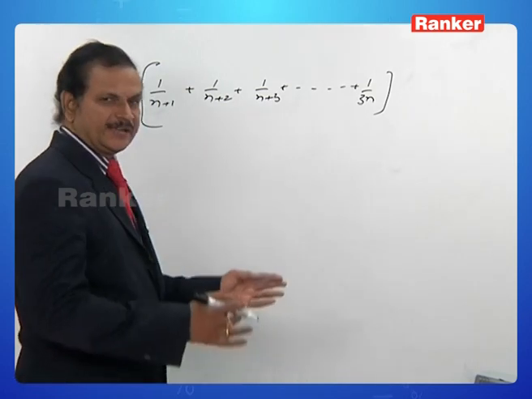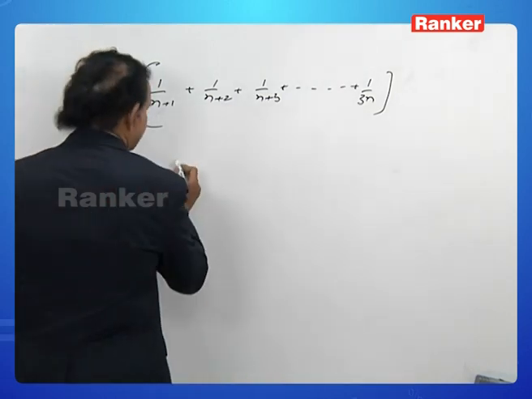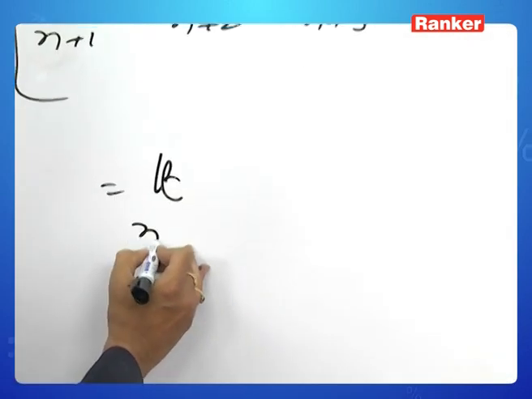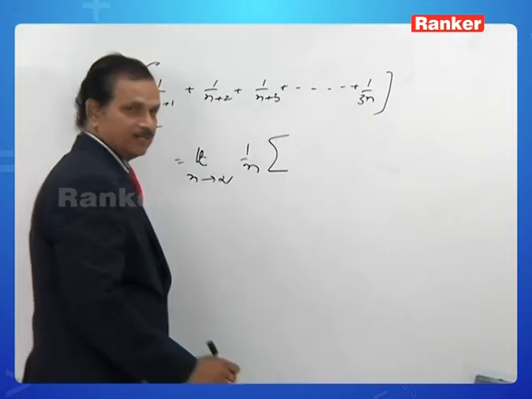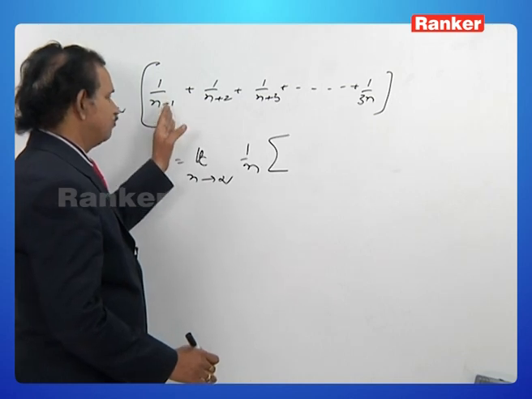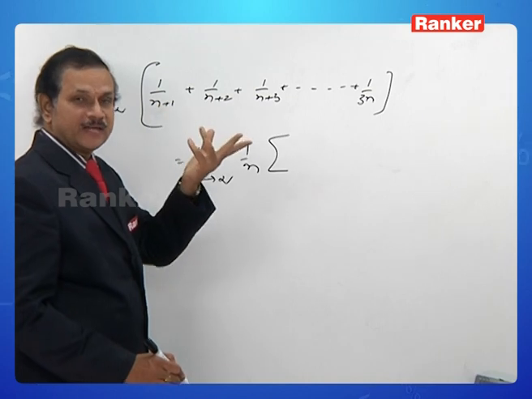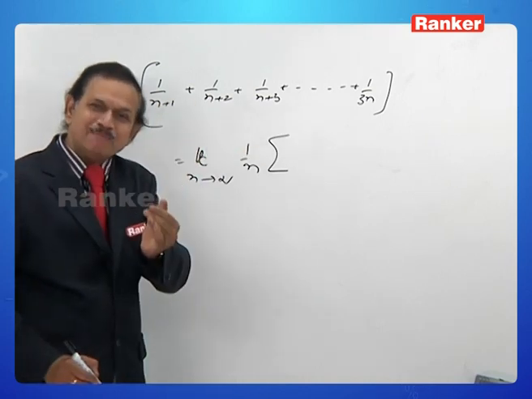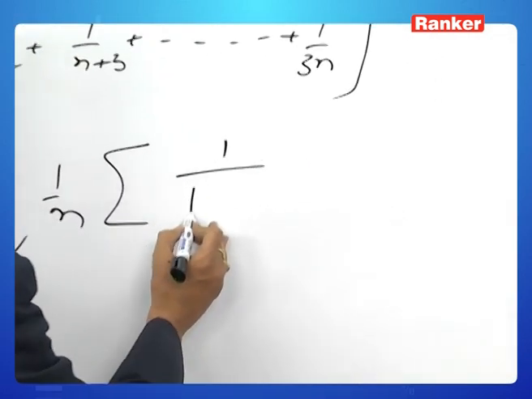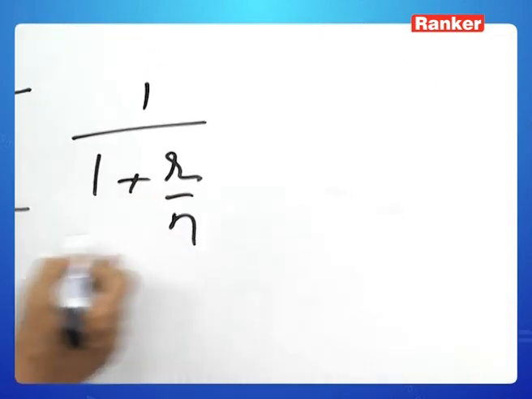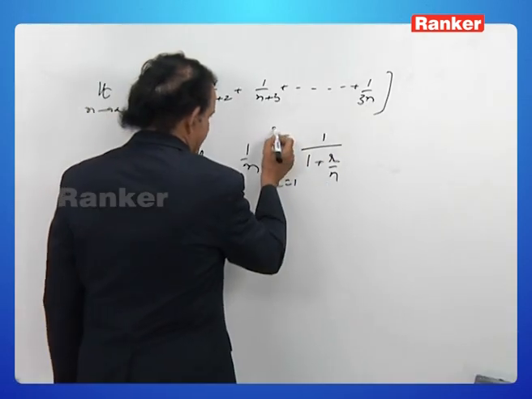By proceeding exactly and absolutely in a similar fashion, you can convert this as limit as n tends to infinity 1 by n into sigma, come on, think of n into 1 plus 1 by n, plus 1 plus 2 by n, plus 1 plus 3 by n, plus 1 plus 4 by n, and so on, up to 1 plus 2n by n, isn't it? Therefore, again it is 1 plus r by n, r running from 1 to 2n because the last term is that.